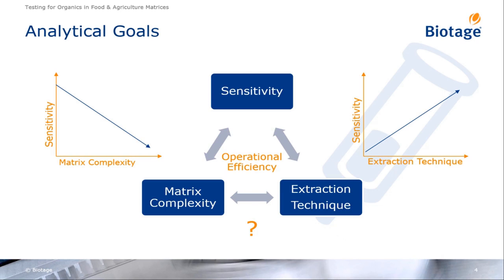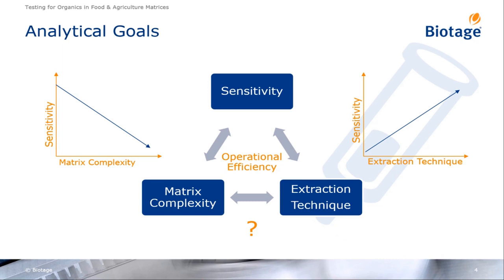Is my extraction technique good enough? And how complex are the matrices in which I'll be analyzing? And in the middle of that, you have operational efficiency considerations. And when they all tie together, you have a very nice procedure that is efficient and gives you the proper sensitivity for your matrices.